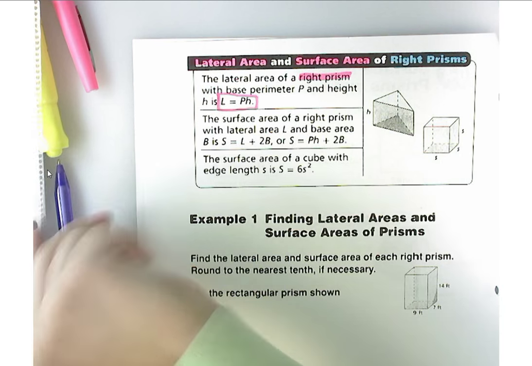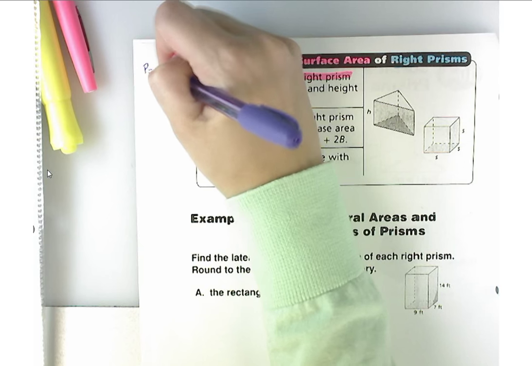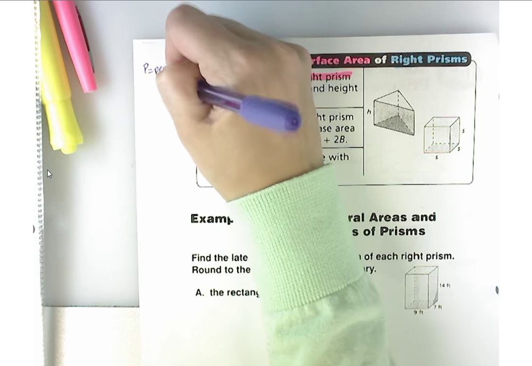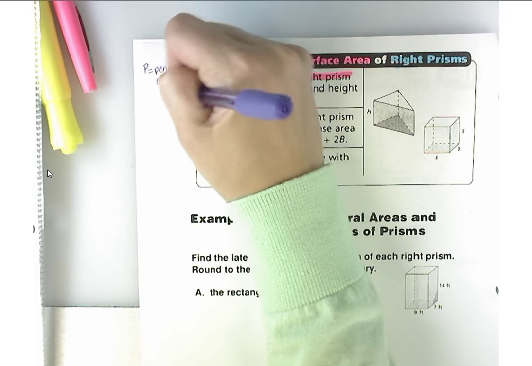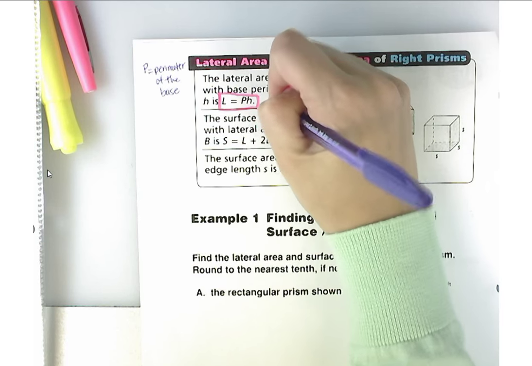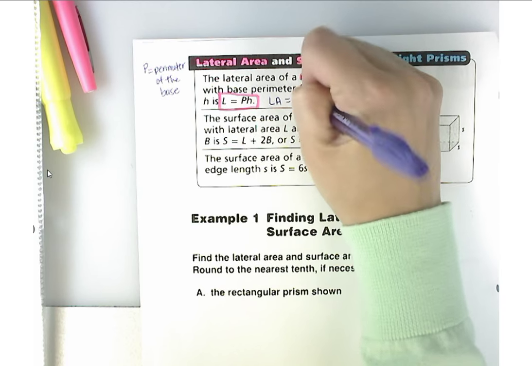So whenever you have the P, that is the perimeter of the base. And even if there are two bases, it's just the perimeter of one of those bases. And sometimes you'll see me write LA for lateral area equals P times H.